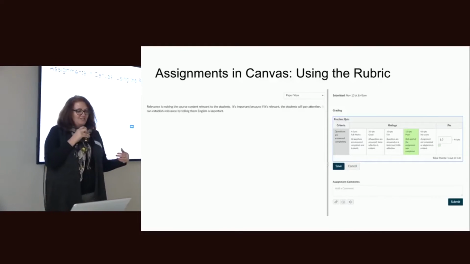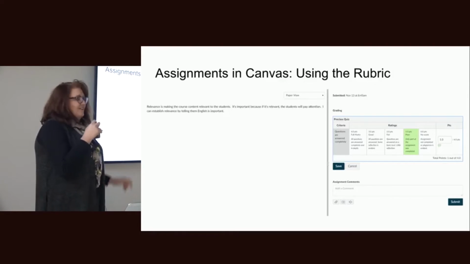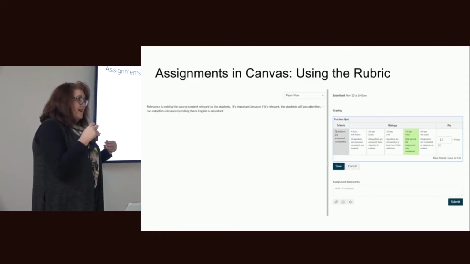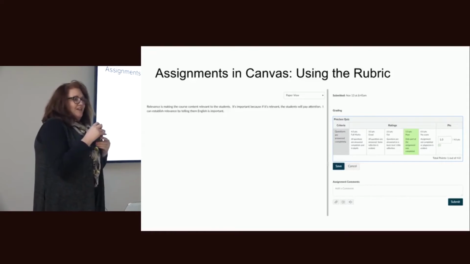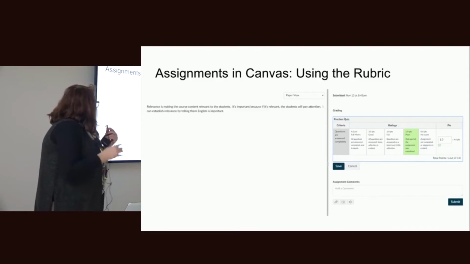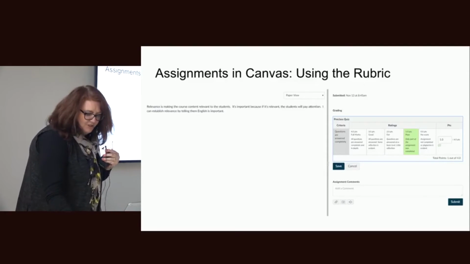A lot of what I do is teaching English and working on English pronunciation. So I love the video option, because if there is an assignment where they're supposed to be practicing some aspect of their English, I can click on that, do a quick video, and they get to practicing. So that's what it looks like when you're using the rubric.